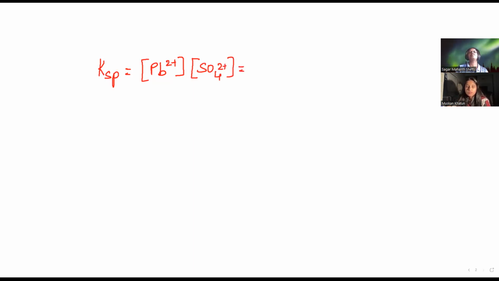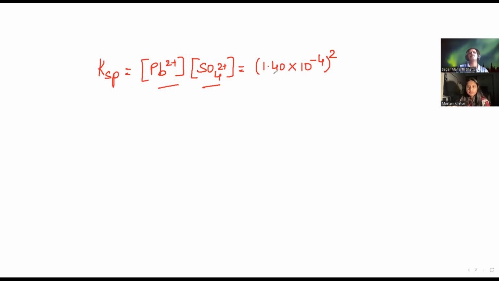This can be written as 1.40 times 10 to the power of minus 4, whole to the power of 2. Why raised to the power 2? Because lead and sulfate have the same value. When you multiply, instead of writing the multiplication twice, I can just raise it to the power of 2.